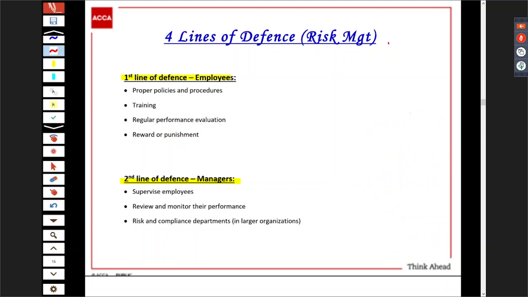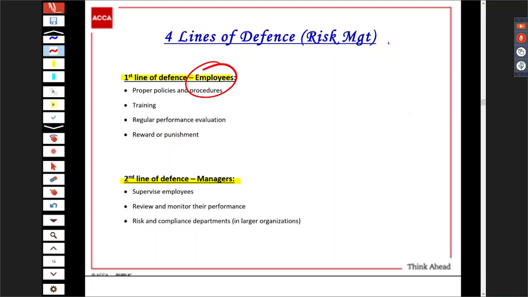So as directors, if we want to make sure that proper risk management and internal controls are happening throughout the entire organization, the first concept is employees. We as directors need to make sure that the employees themselves are responsible enough. I cannot go and watchdog each and every employee, right?